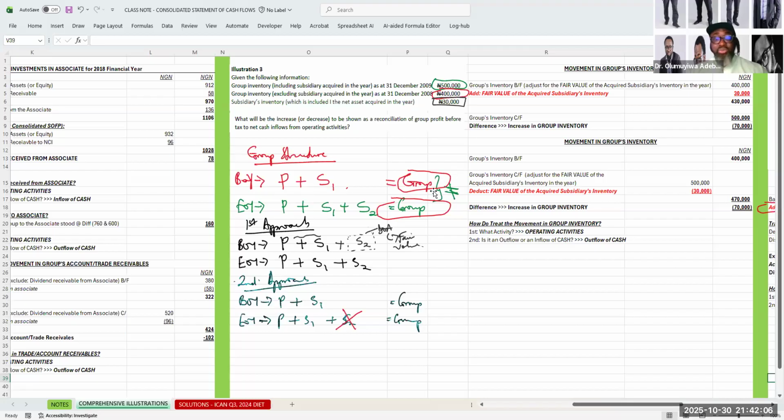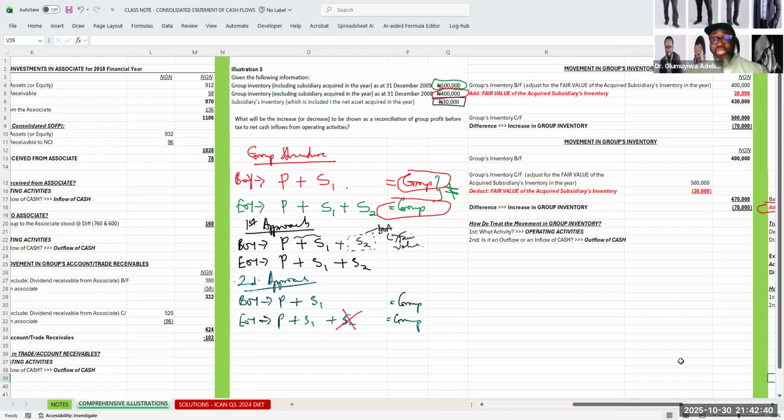To make them comparable, we either use the first approach where we bring in the fair value of the inventory as at the date of acquisition and adjust for it in our opening balance here before comparing it with the closing balance. Or approach 2, remove the fair value of the acquired inventory during that year from the closing balance so that we can have more or less comparable basis.